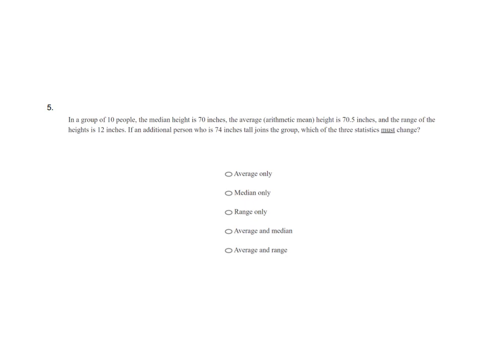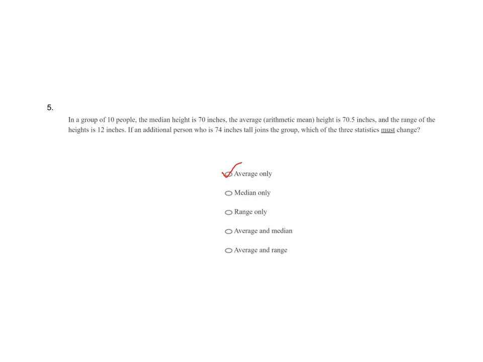We don't know whether the highest number of the height is greater than or less than 74. We don't know the list of the heights, so we can't say what will happen to the median. But what must change is the average only.